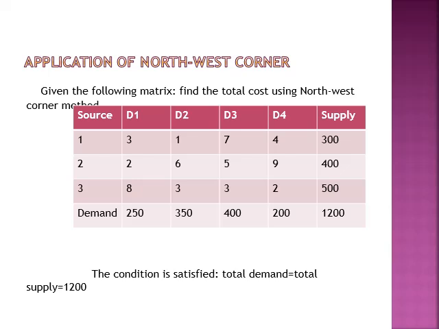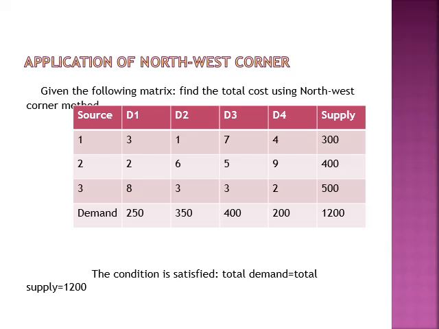The remainder for source 3 is 200. The 200 stock will satisfy the needs of D4. So we will state 200 near its cost, and near the cost 3 we will state 300.